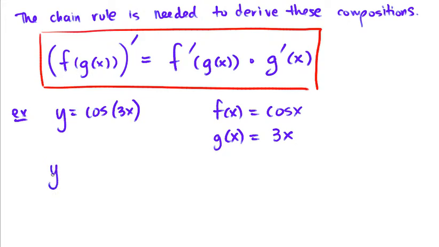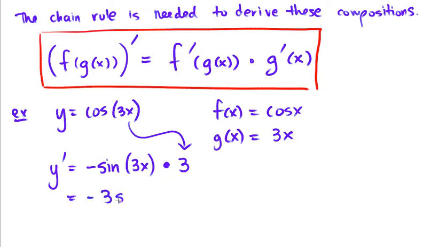To find the derivative, I take the derivative of cos x, which is negative sine, but I use 3x in its place, and I multiply it by the derivative of the inside part, which is 3, to get negative 3 sine 3x. So this piece is f prime of g of x, and this piece is g prime of x.